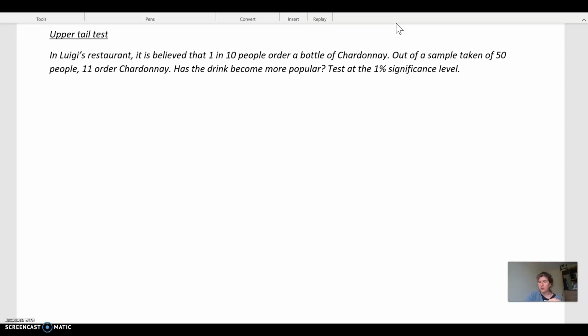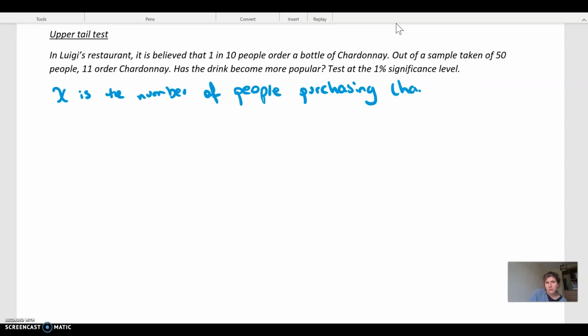So again, the first thing that we do is we define our test statistic. So X is the number of people purchasing Chardonnay. We then need to define our probability parameter.